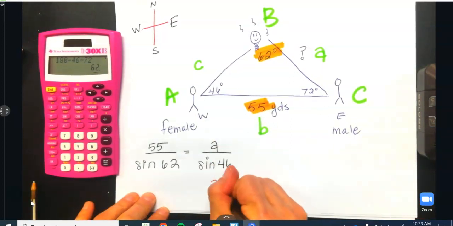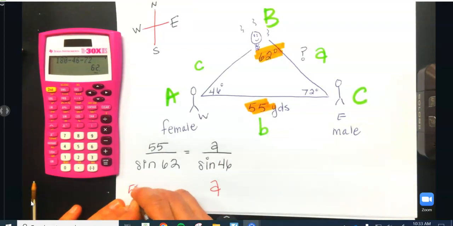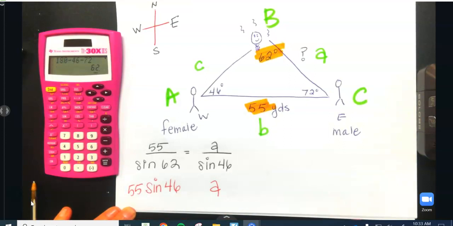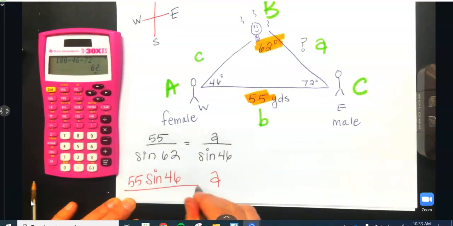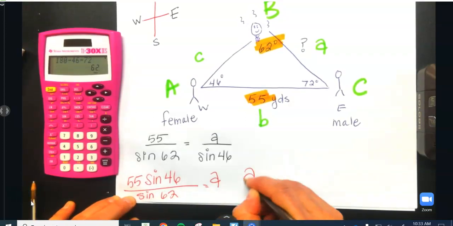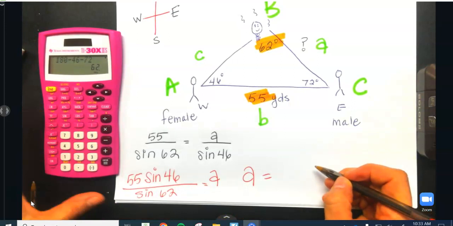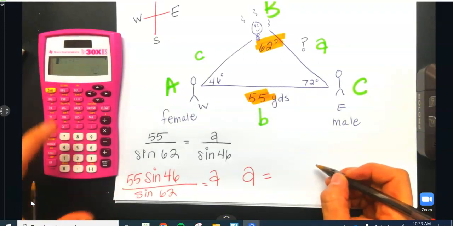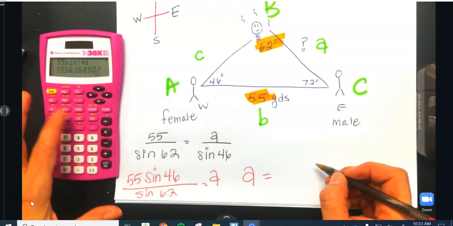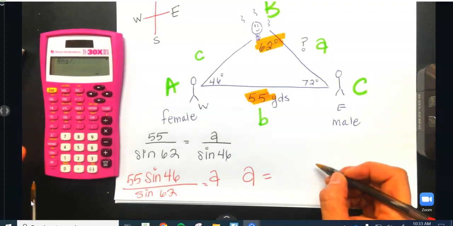All right, your calculator ready is going to be 55 sine 46 divided by sine 62. All right, we're almost done. 55 sine of 46. Enter, divide.